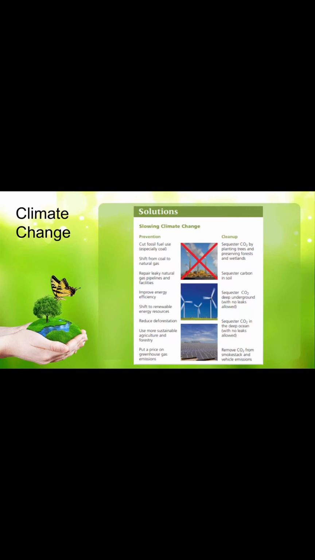Then there is cleanup: sequester CO2 by planting trees and preserving forests and wetlands, sequester carbon in soil, sequester CO2 deep underground, sequester CO2 in the deep ocean, and remove CO2 from smokestack and vehicle emissions.